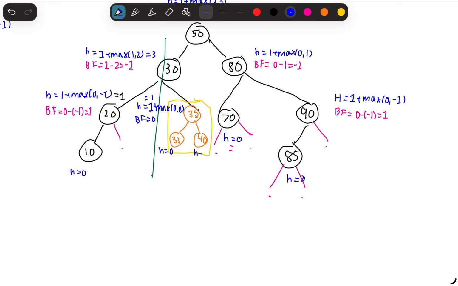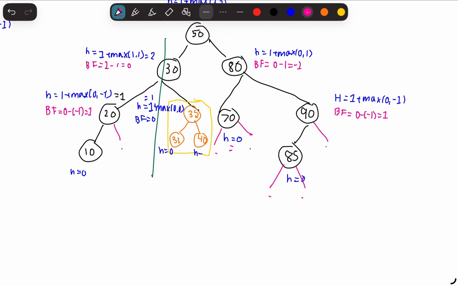So for 30, 1 plus 1, so the balance factor is going to be changed. On your left it's still 1, and on your right you're going to have 1, so that's equal to 0.